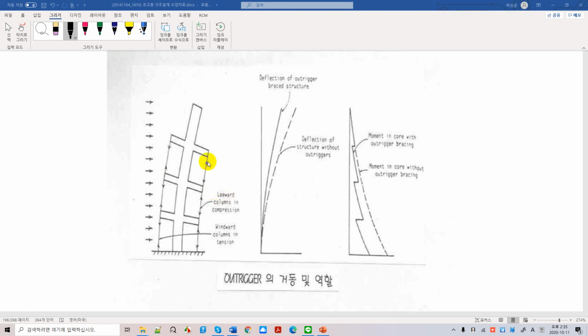The leeward side means the other side from the windward side. And this is what we call wind engineering. So the columns on the leeward side are under compression. So it's tension and compression, and these actions will change if you change the loading directions. That's obvious, isn't it? This is how the outrigger cooperates with the structural system which exists in the structure.